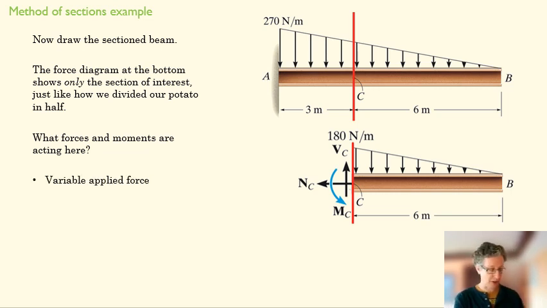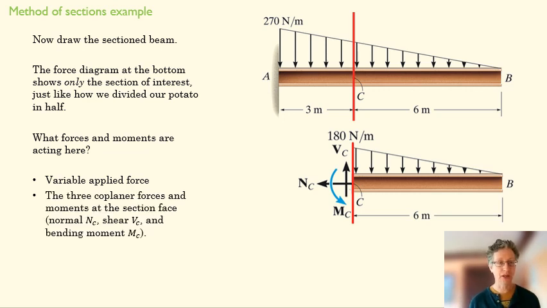So our first question is, let's figure out and name our forces, right? We have this applied force right here. We're going to have to find the magnitude of that force, and we're going to have to find where it's being applied. Then we have three coplanar resultant loadings: a shear force, a normal force, and a moment.